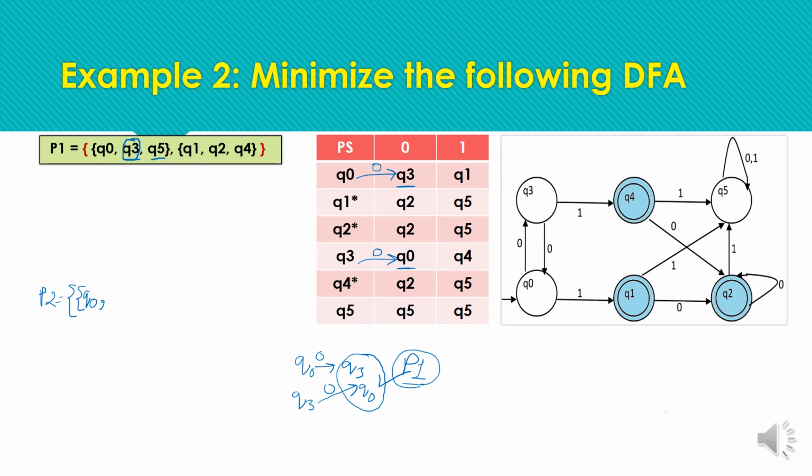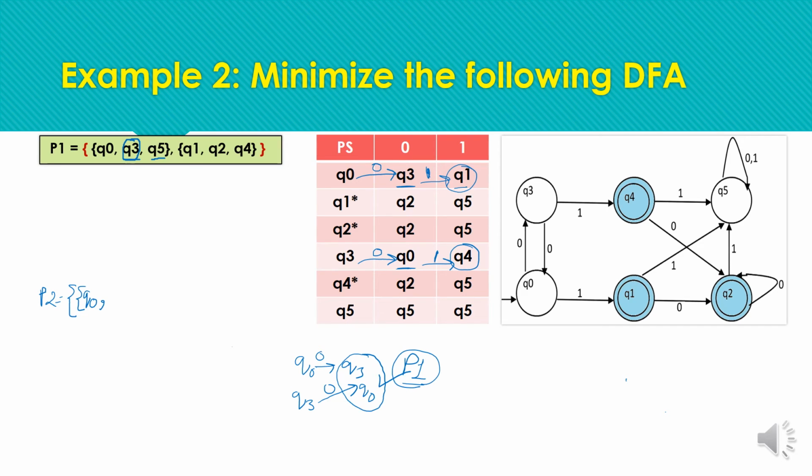Now let's check the transition for input symbol 1. From Q0 we are moving to the state Q1 for input symbol 1, and from Q3 we are moving to the state Q4 for input symbol 1. So the resulting states are Q1 and Q4.